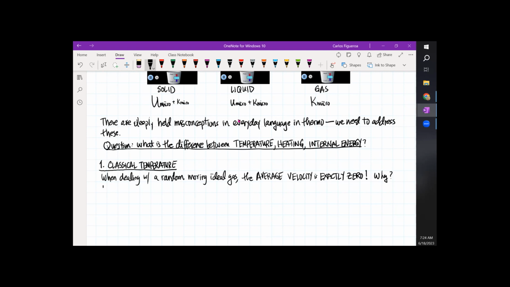If a gas is truly random, then at any moment, gases have opposite velocities.